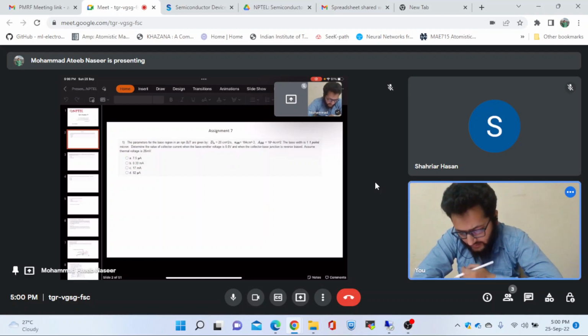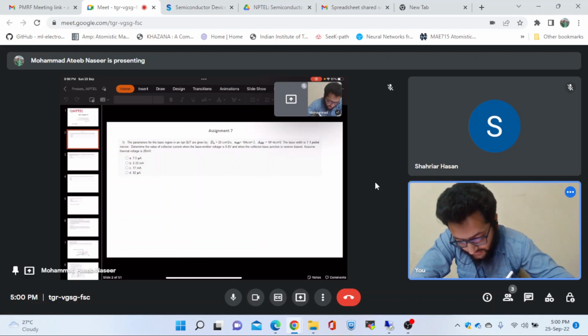Here, we have been given some parameters for an NPN BJT with Dn equal to 20 centimeter square per second and NB naught equal to 10 to the power 4.